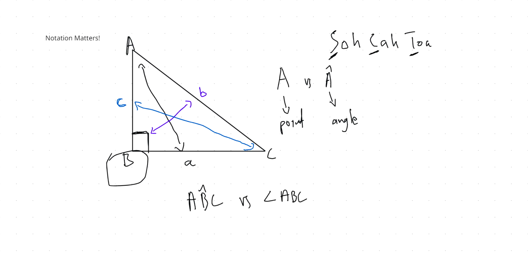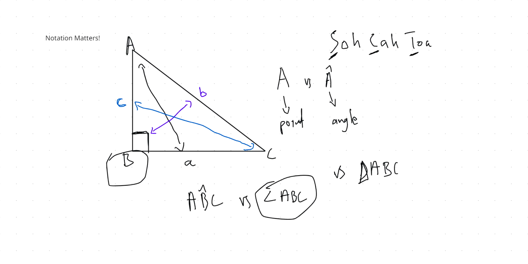And of course, once you use this notation, you need to be careful that this one here refers to triangle ABC. So a triangle symbol and then 3 letters basically directs you to the triangle in which we are working. So I need you to be aware of this.